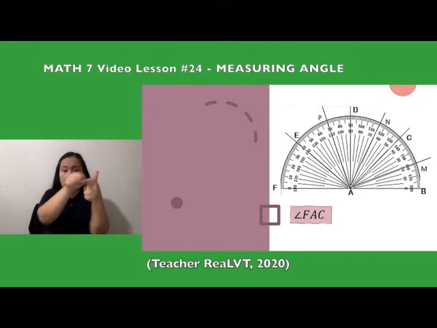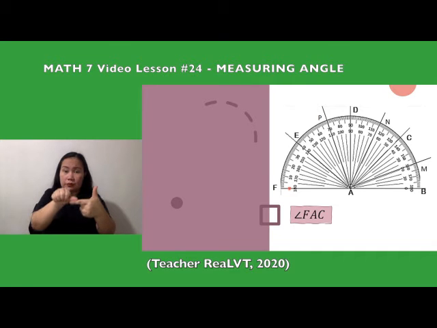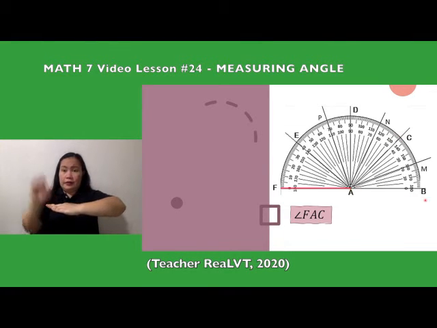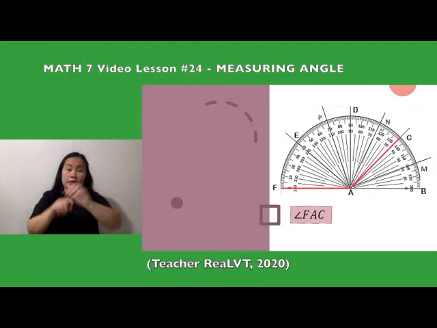Next, angle FAC. So kung mapapansin nyo, wala yung letter B. So dito tayo mag-focus sa outer scale since ito yung 0 sa kaliwa. So simulan natin sa line AF or FA. Next is yung ating letter C. So since ito yung letter C natin, magdodraw tayo ng line simula sa A na vertex hanggang C. Again, since ang zero natin ay nasa outer scale or nasa kaliwa, ang gagamitin natin is yung outer scale numbers.